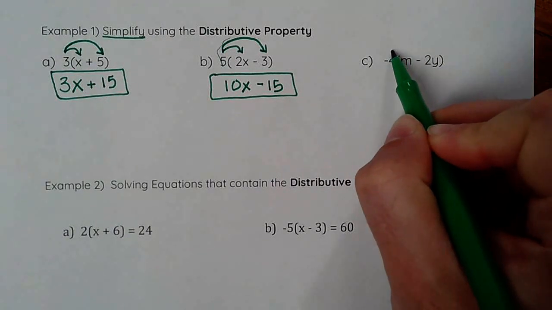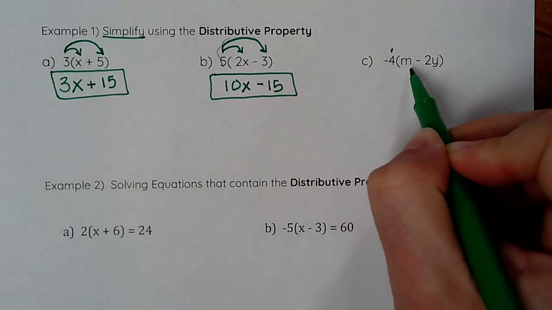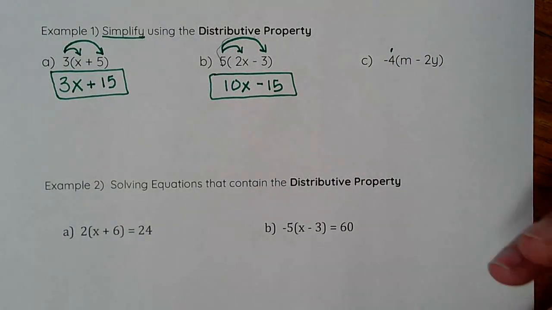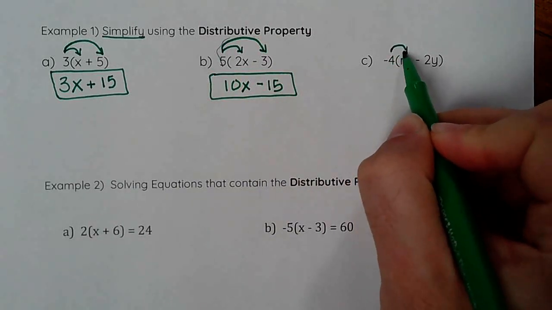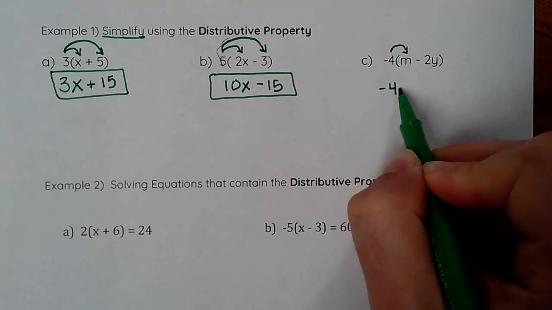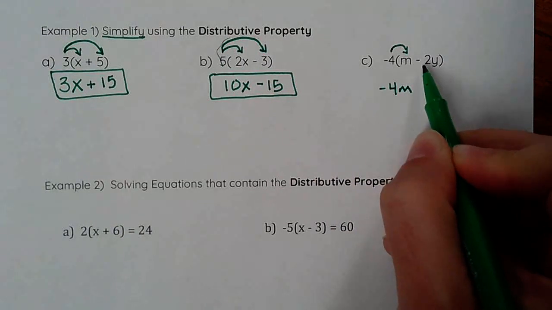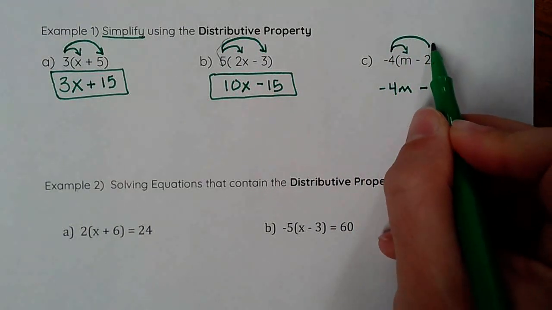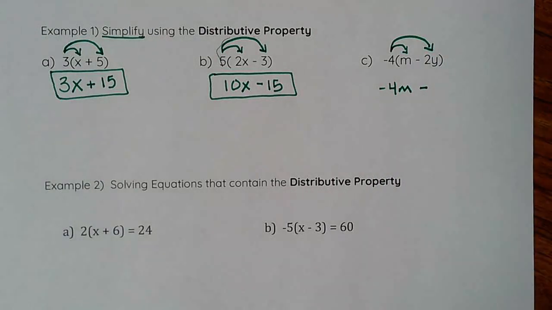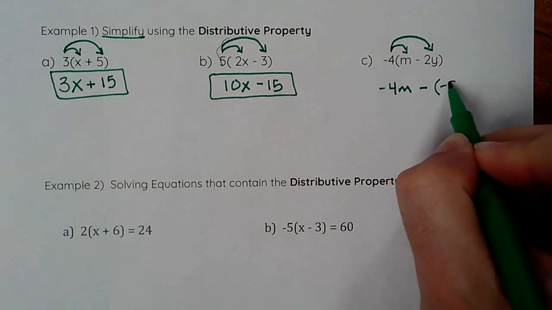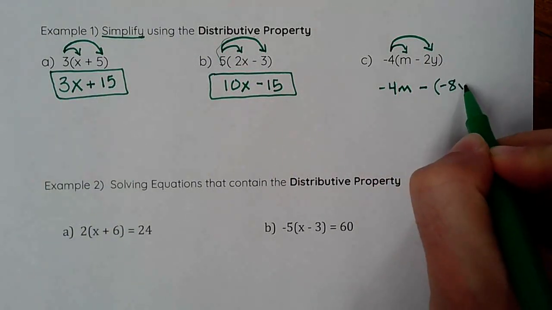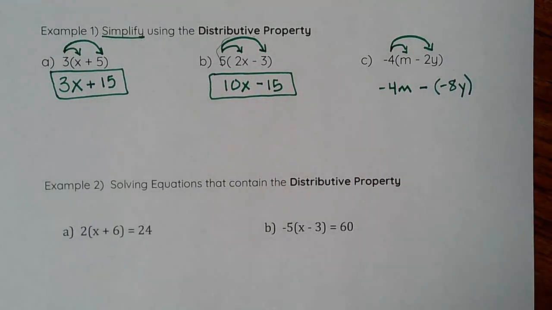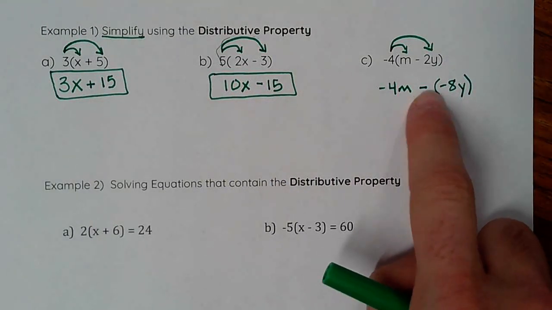And the next one, negative 4 times the quantity m minus 2y. So negative 4 times m is negative 4m, minus negative 4 times 2y. Negative 4 times 2 is negative 8, and then I bring the y with it. Now, we don't like this minus a negative.